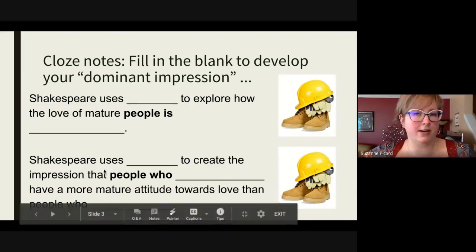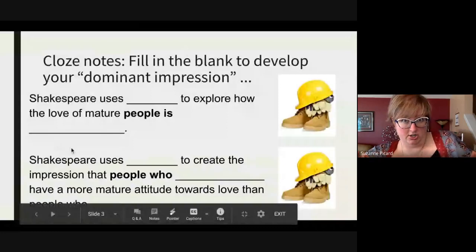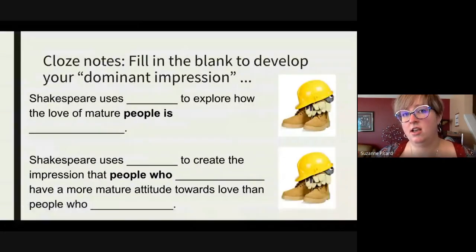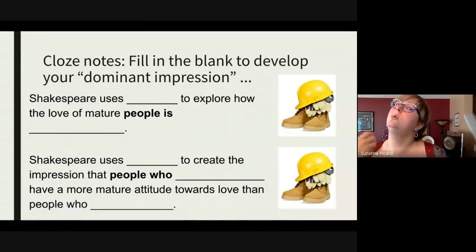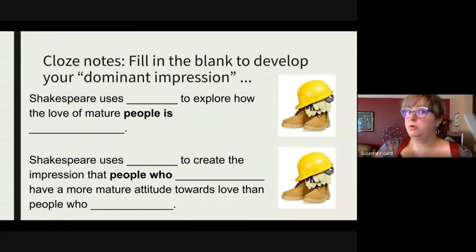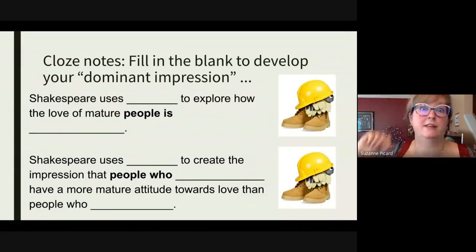You could also phrase it this way. These are just example fill-in-the-blank kinds of formulas. Shakespeare uses a structure, so he uses simile, metaphor, to create the impression that people who ground their love in nature have a more mature attitude towards love than people who are extreme or are stuck in fantasies.